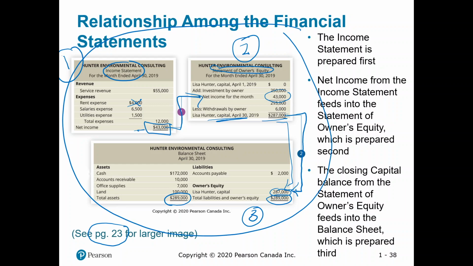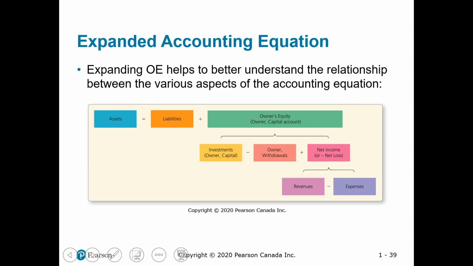Now, seeing this flow, the textbook goes through and it expands the accounting equation. We won't get into too much detail in this, but it follows the idea of the financial statements. If we start at the bottom here, we've got our revenue accounts and our expense accounts. And we know those go on what financial statement?